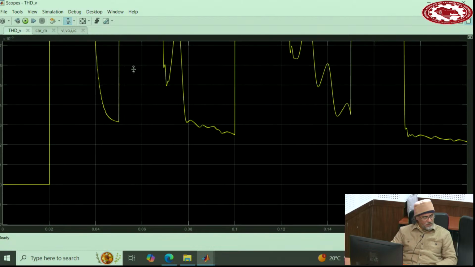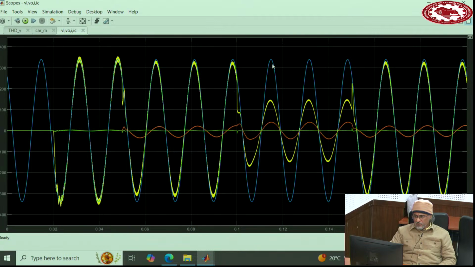You see those spikes that happen in the THD block, don't worry about those, because it's a sliding window, so it takes some time for the FFT to go through one cycle. So ignore all these spikes. This is the value of the THD that matters, which is 3 times 10 to the power of negative 3. So it's basically showing that there is no harmonic in the voltage. The voltage is completely sinusoidal.